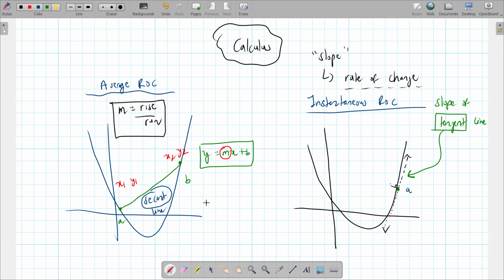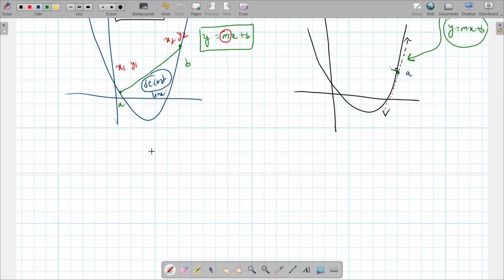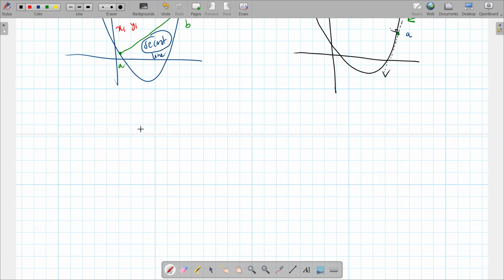Notice how both of these lines are linear functions. Secant line is also going to be in this form. Tangent line, if we can find that, will also be in this form. Now, finding the slope of a tangent line is slightly more difficult because you only have 1 point to work with.